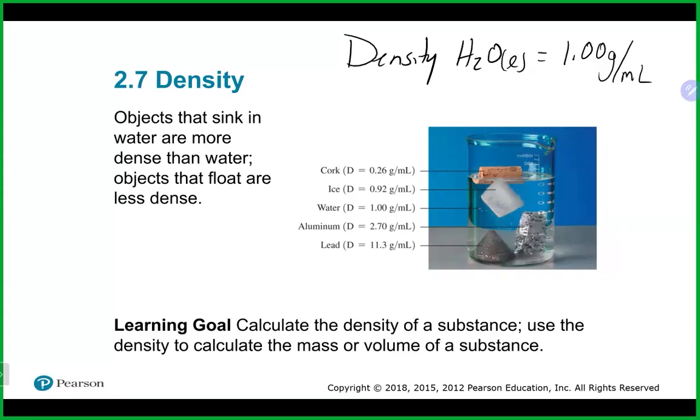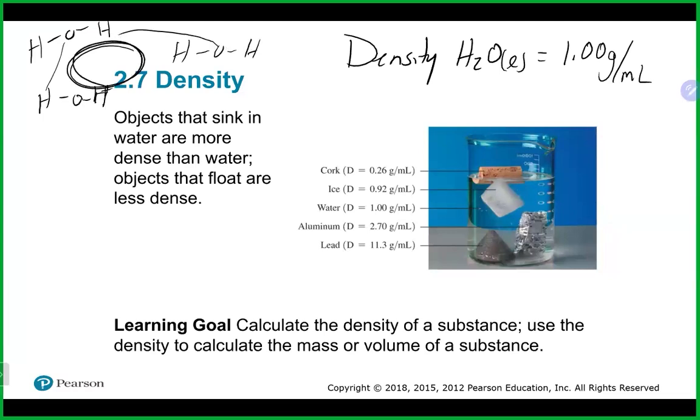The difference with water is when water freezes, it doesn't have as much energy, and water molecules are held together through what is known as hydrogen bonding. When a bunch of water molecules come in to freeze, it creates a lot of open space between the different water molecules, kind of swells it, if you will.